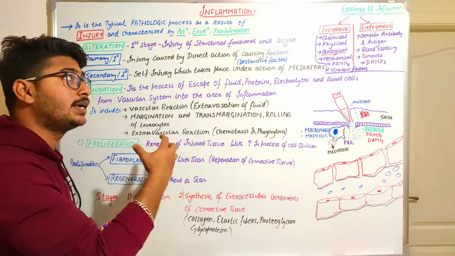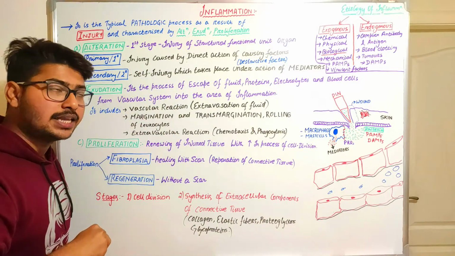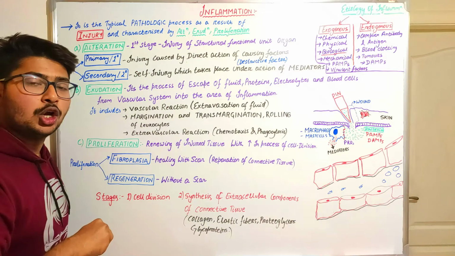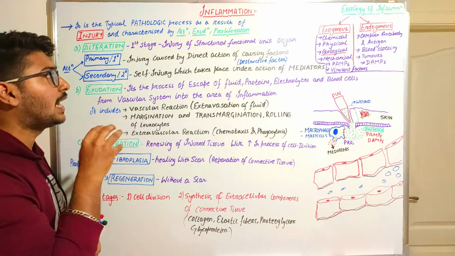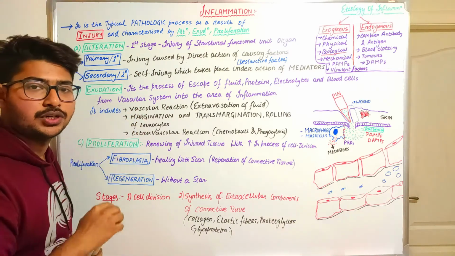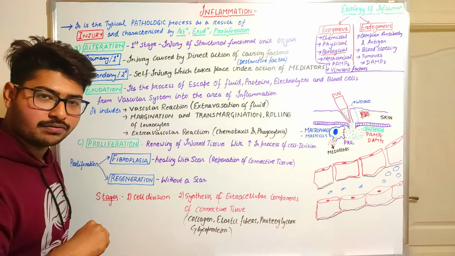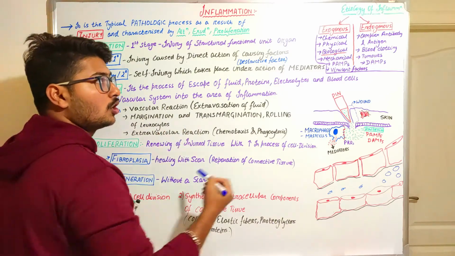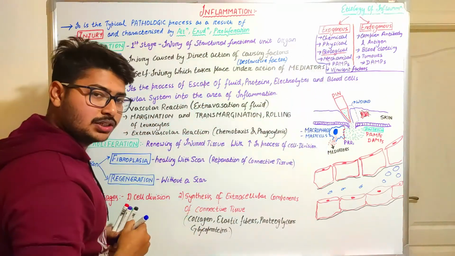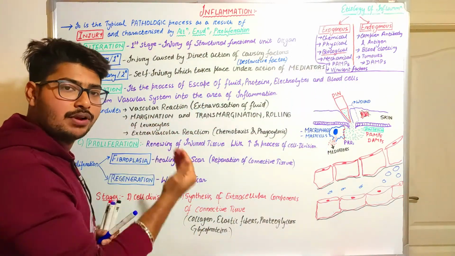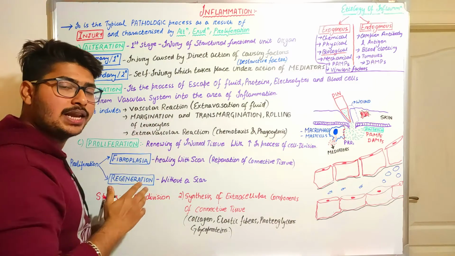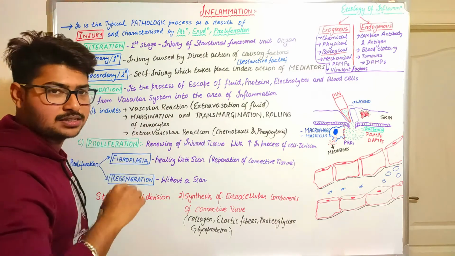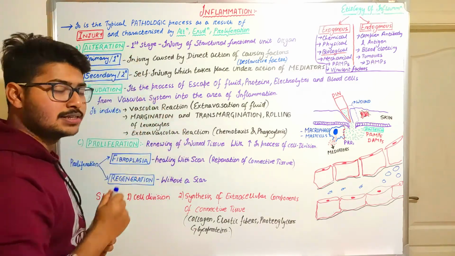And what is the intention of inflammation? The intention of inflammation is to recover the damaged portion of the injury. And how is it going to recover? It recovers by eliminating the causing factor or the etiology of inflammation, and also by eliminating the necrotic cells or the injured cells.